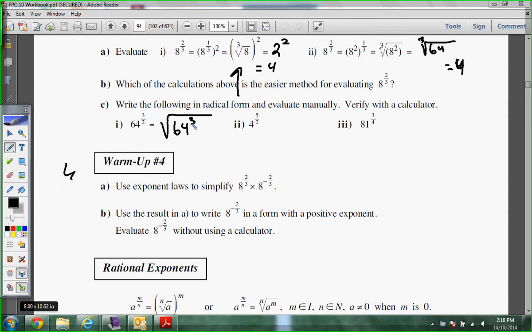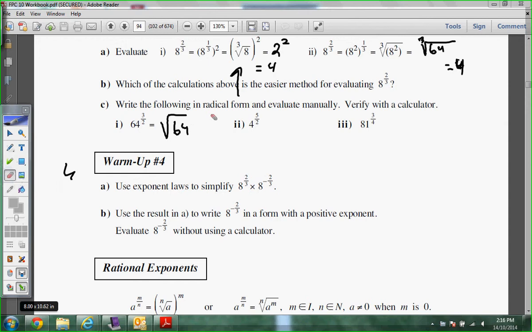Okay, what's that? Okay, so look at this one here. It's kind of a big number, right? Well, look how this one's written though. The 2/3, they did the cube root and then squared it. See the 2? So let's do it that way.